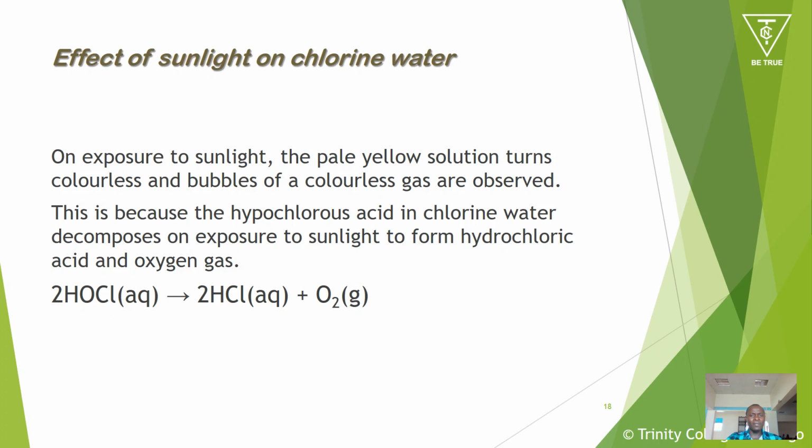So we observe that the pale yellow solution, that is chlorine water, is yellow because it has chlorine, and also hypochlorous acid that was formed due to chlorine reacting with the water. But now it turns colorless due to formation of hydrochloric acid, and then we see bubbles of a colorless gas, and that's oxygen gas, due to hypochlorous acid decomposing to form oxygen gas.